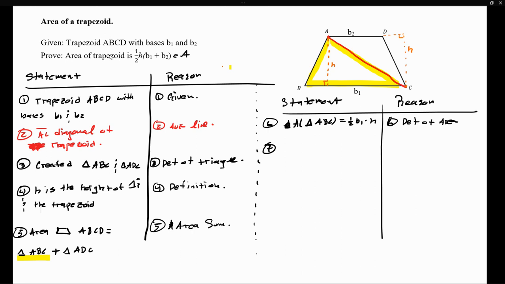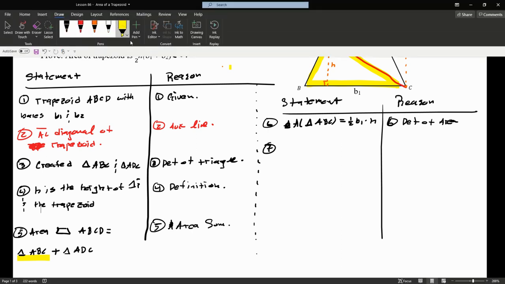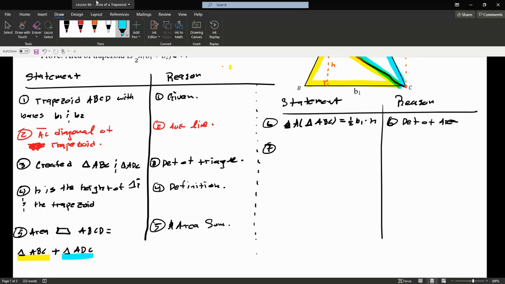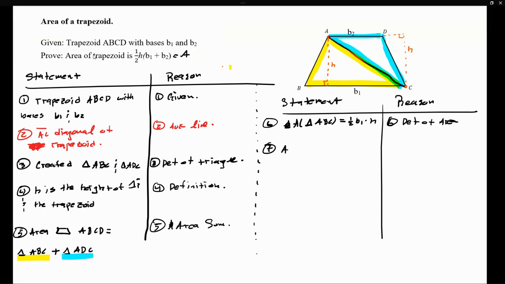Now if I want to find the area of the second triangle, let's do this in blue, the area of triangle ADC is still 1/2 times the base.